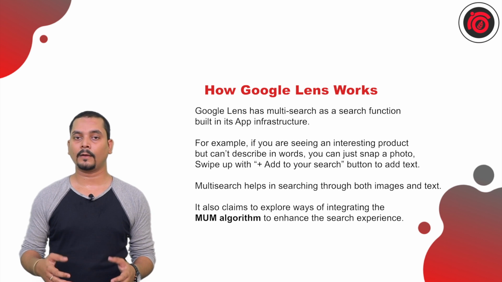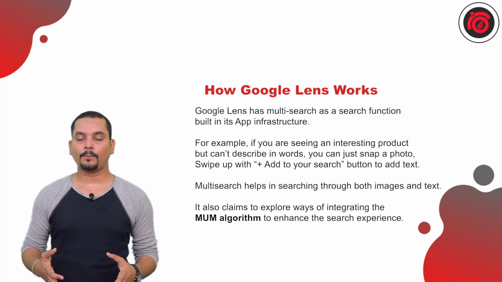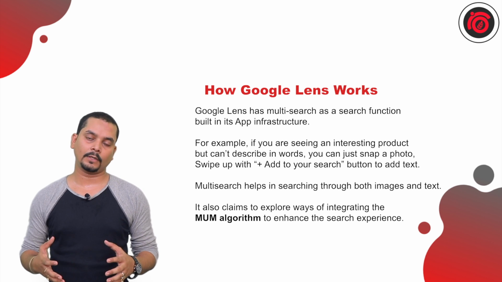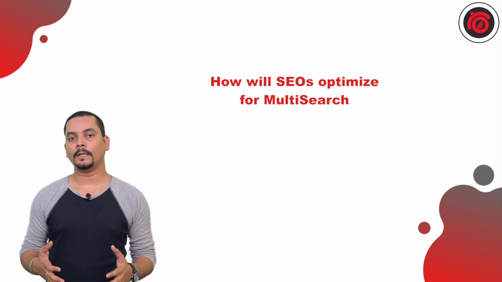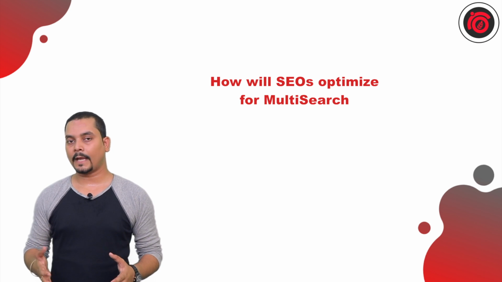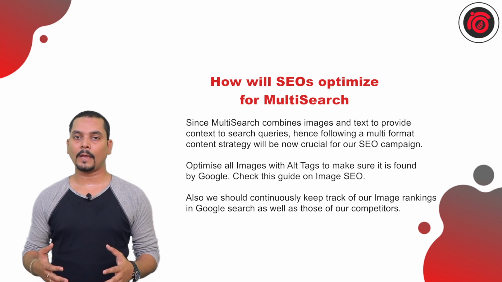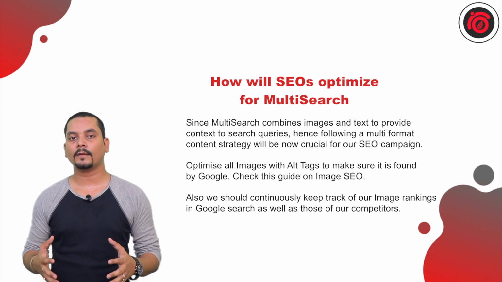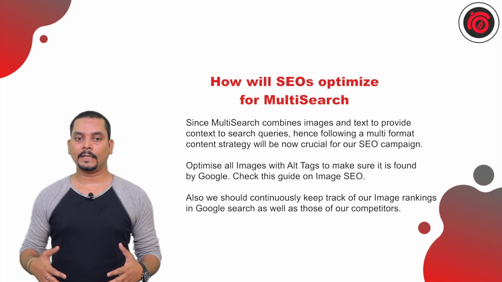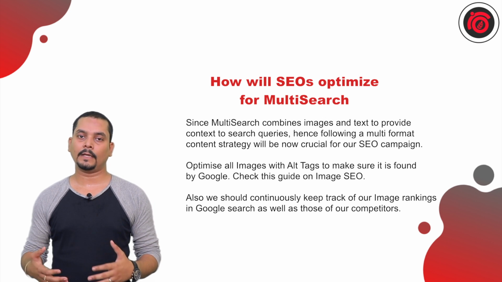The most important thing you should do for your SEO campaign is to implement image alt tags, so that you can get visibility in terms of multi-search in the SERP.